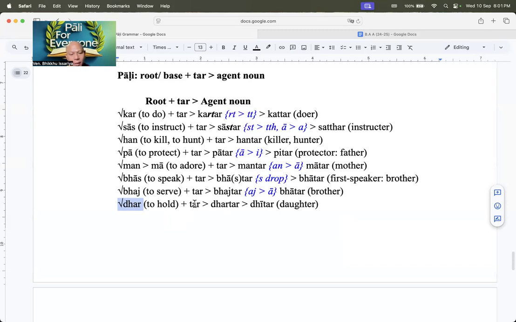But in this case, dhartar, but this a changed to the i.